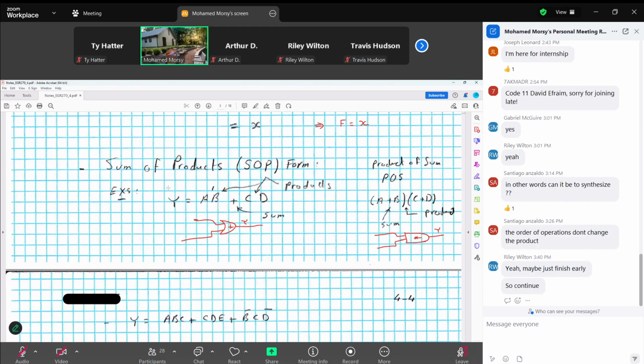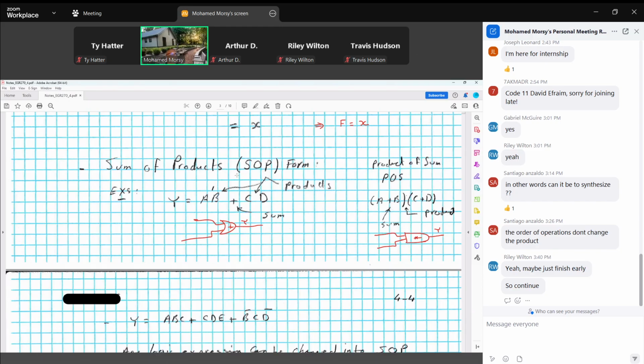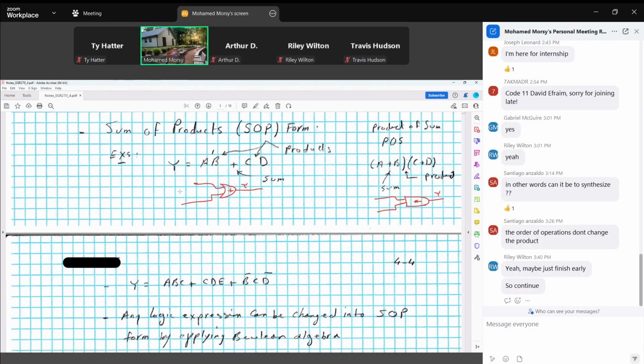But as I mentioned, most likely we focus on sum of products. The other one is similar, the only difference is what I mentioned here. So to save our time, we deal with sum of products, which is, as I mentioned, most used.